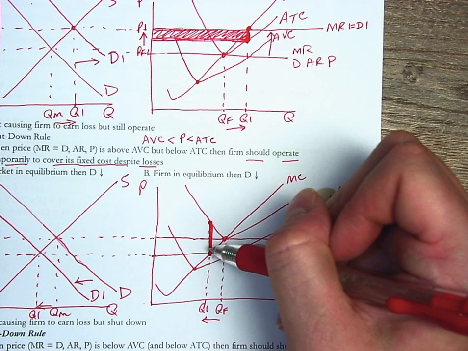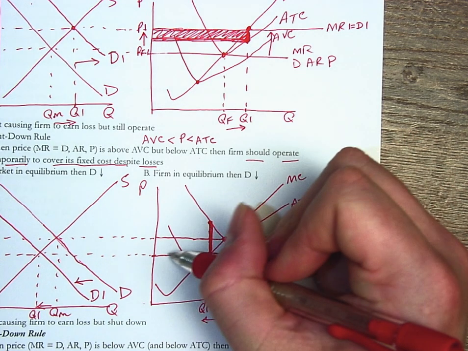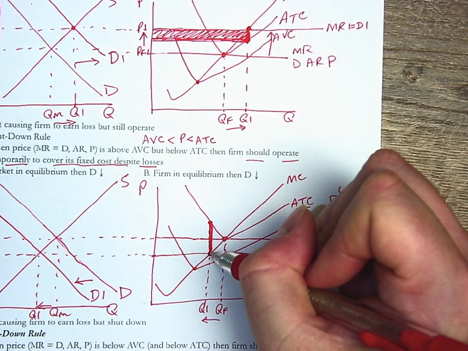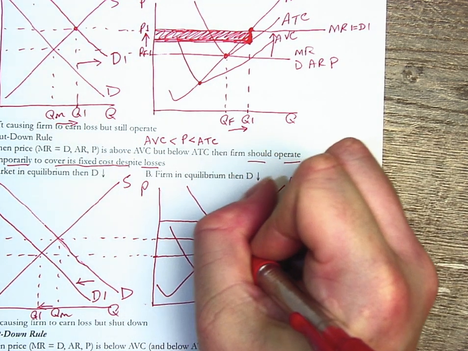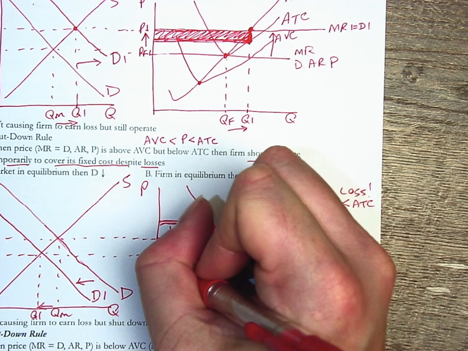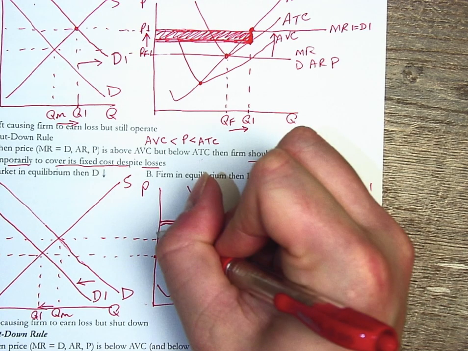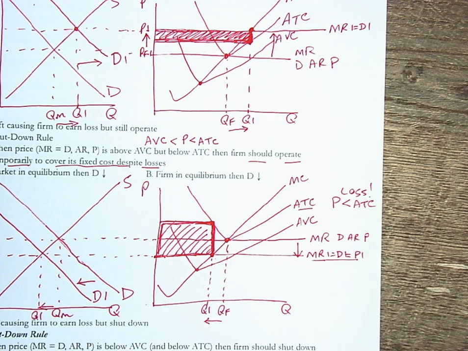Now, how much is the total loss? Well, if this is the per unit, and we multiply it by the quantity, we're going to get a rectangle as well. So we connect that over, and this over, and this box is our loss rectangle.